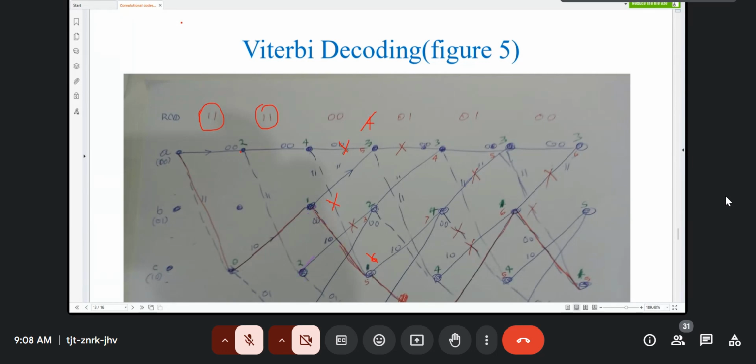From 2, this is 0, 0, this is 0, 1. So the branch metric is 1. And already we have a path metric of 2 here. 2 plus 1 is 3. Oh, it's 3 and this is 3. I think maybe 3 is what came later. Yeah, I did 3 here. So it will be 3. Let's write 3. We can eliminate it.